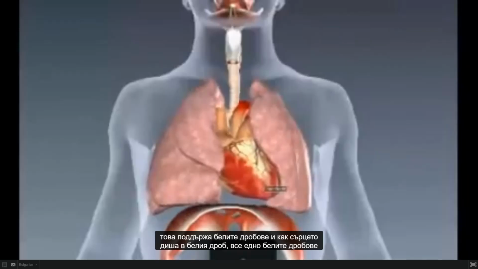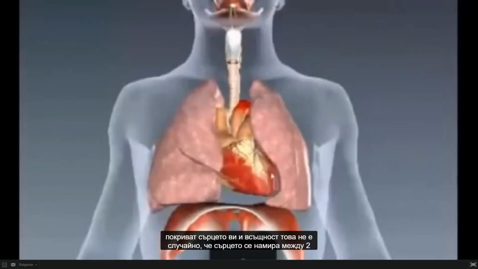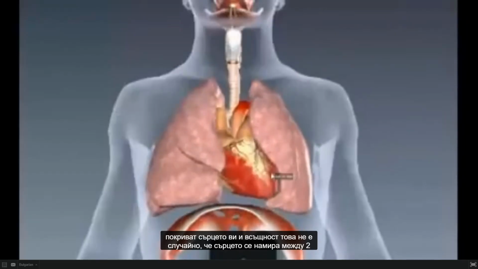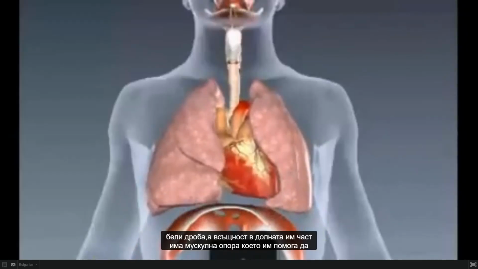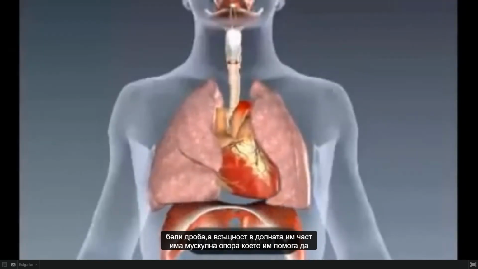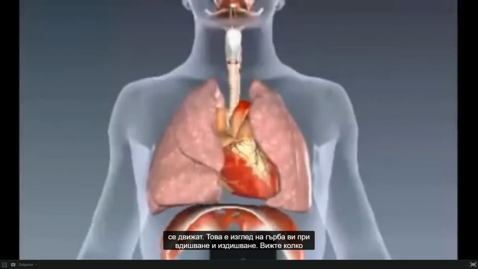It's just like the lungs cover the heart. And actually, it is not by chance. The heart is in between two lungs. And actually, at the bottom, they have the support of the muscle which is able to move.